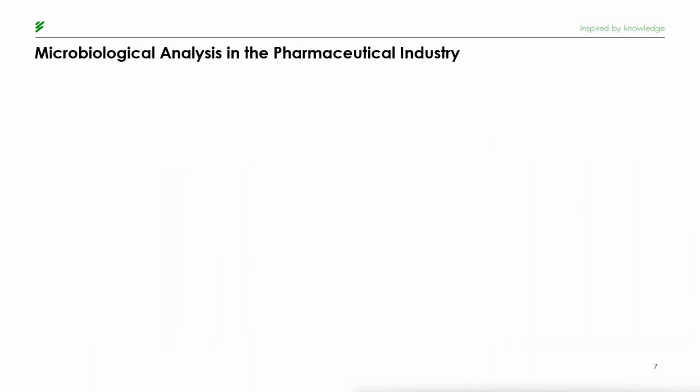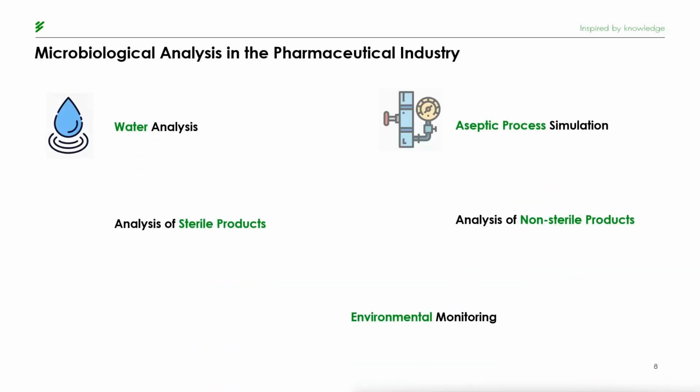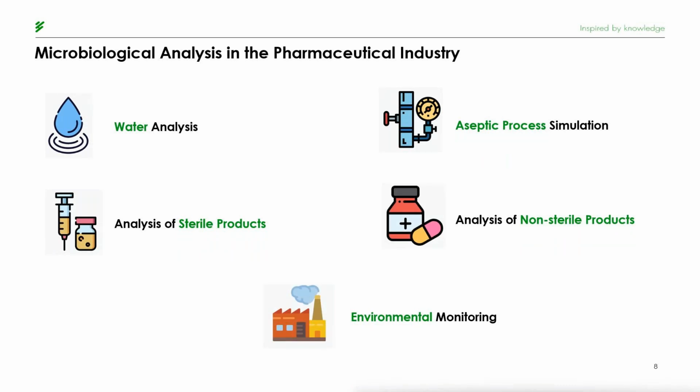For the microbiological analysis of these pharmaceutical products, we can establish 5 major pillars that include the analysis of an essential raw material, such as the water for manufacturing, the control of the aseptic process, also the control of final product, where there is a great division depending on the product sterility requirements, and finally the environmental control in the different stages of the process, not only production but even packaging, for example.